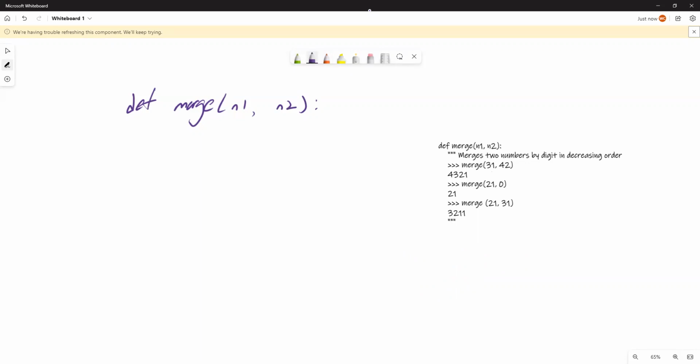First of all, we have to check if the rightmost digit of n1 is less than the rightmost digit of n2. If you can solve this question, congrats. But if you can't, you can follow my steps here.